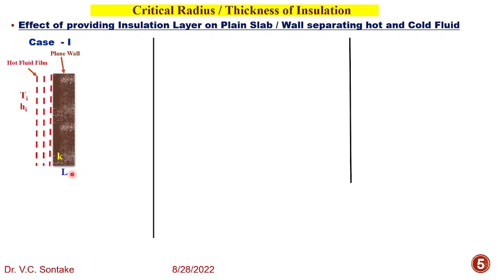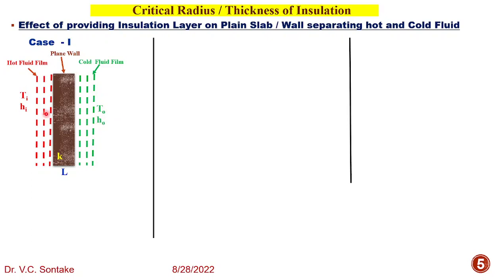The plain wall is separating a hot fluid film on the left hand side having its temperature Ti and convective heat transfer coefficient Hi, and a cold fluid film on the right hand side having its temperature and convective heat transfer coefficient To and Ho respectively.